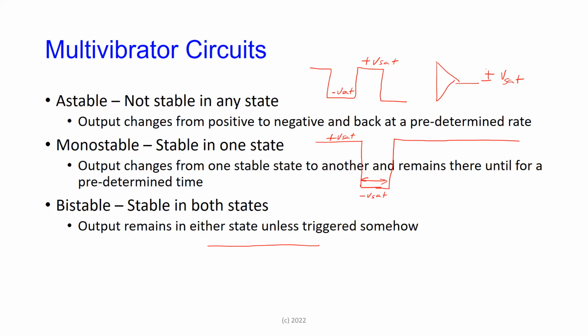If you trigger it or you do something to it, it will go and stay in the other state indefinitely. If you do something to it, it will come back, right? So you could do all sorts of things with it. But all of these changes, you have to actually trigger. If you don't do anything, it will stay in whatever state it is forever or until you turn off the power. Okay?